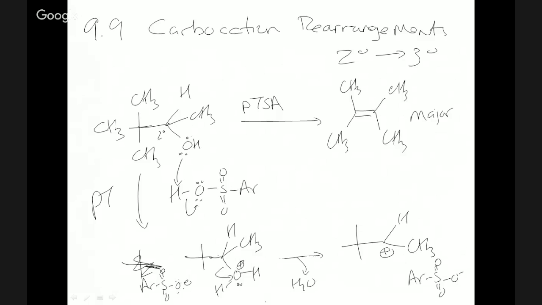However, this is where it gets interesting. I'm going to redraw the carbocation here. Let's put the plus charge right here just to make it small. What's on that carbon is a p orbital, right?